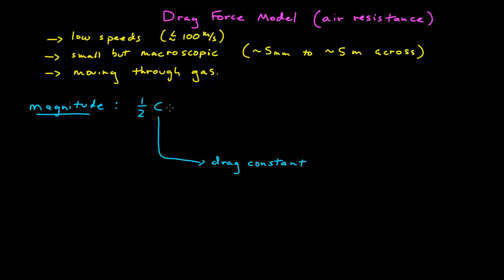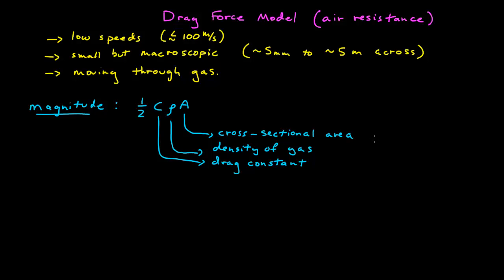Drag constant times rho, that's the Greek letter rho, and rho is the density of the gas that the substance is traveling through, times A. A is the cross-sectional area of the object, times v, the speed, and the magnitude is then the speed squared, or v squared.